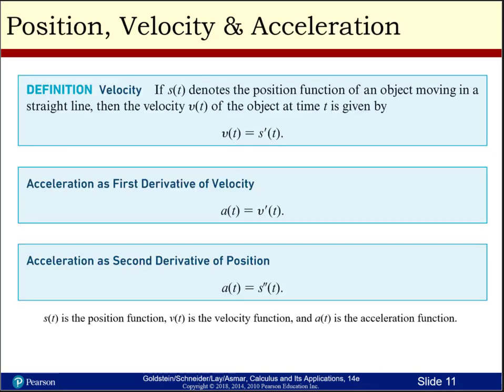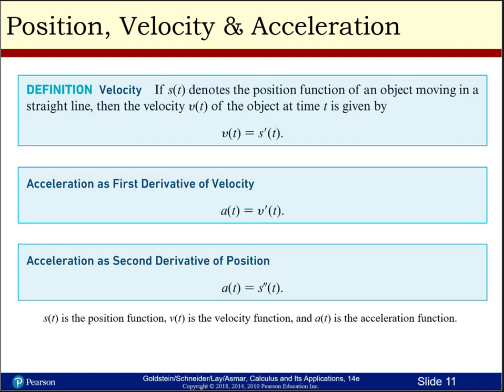So we have these definitions for position, velocity, and acceleration. The definition for velocity: if s of t denotes the position function of an object moving in a straight line, then the velocity v of t of the object at time t is given by v of t equals s prime of t, meaning the velocity is just the derivative of the position function.